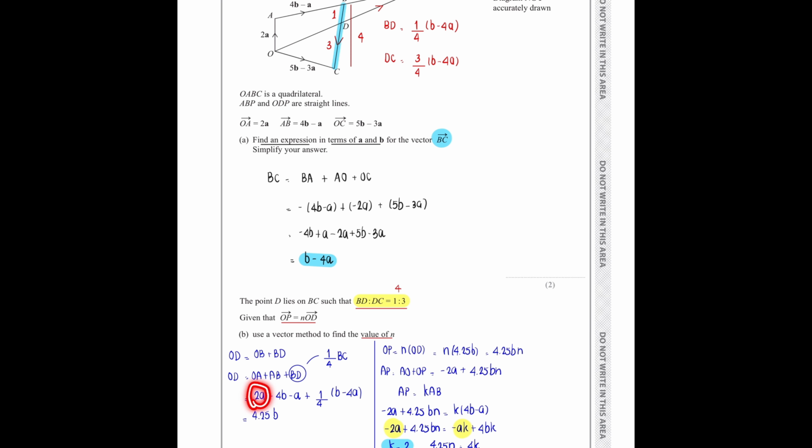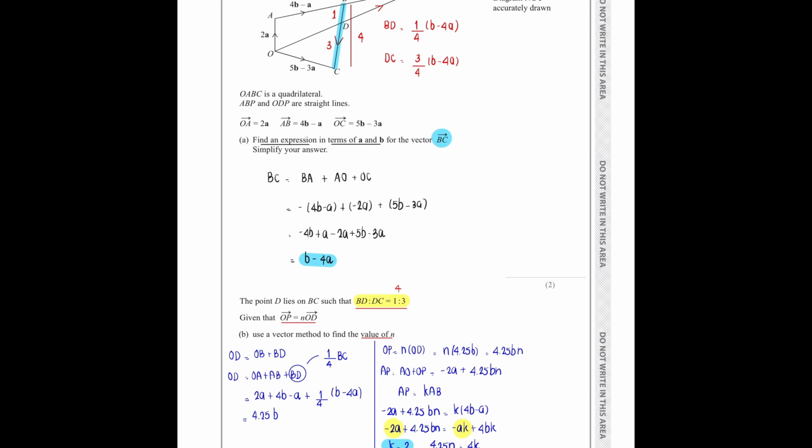Now OA equal to 2a, AB equal to 4b minus a, and BC equal to b minus 4a according to question A, times 1 over 4. So after simplifying, we will get OD equal to 4.25b.